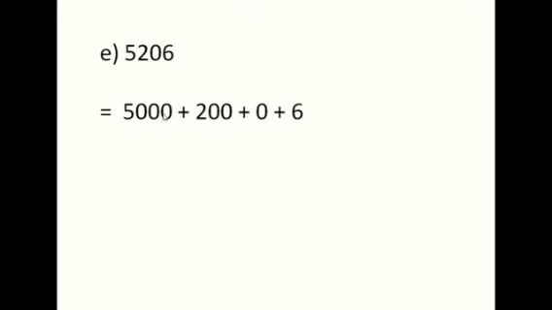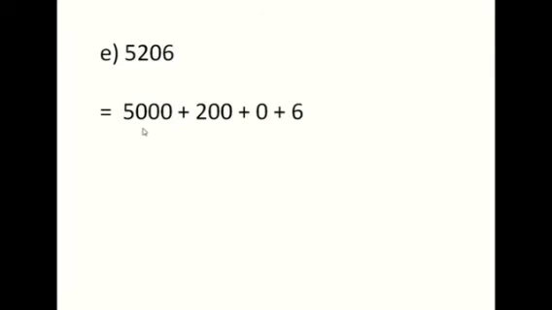Here 5000 means we have to take the symbol for 5 along with one bar on the top, one small dash on the top. The symbol for 5 is V. So if I write V and then one small dash or bar on the top, then it will express 5000. Is it clear for 5000?